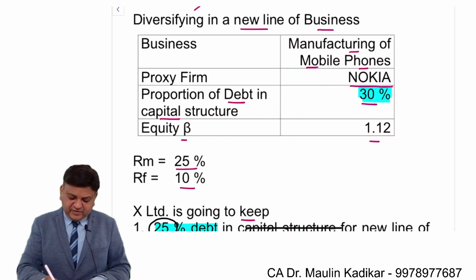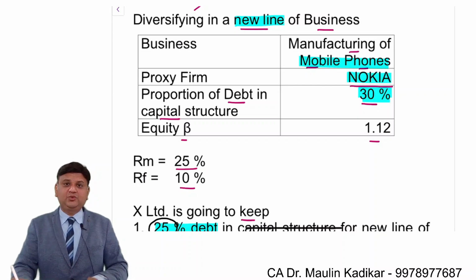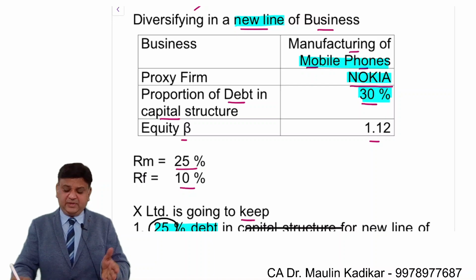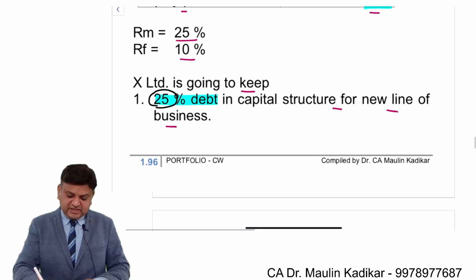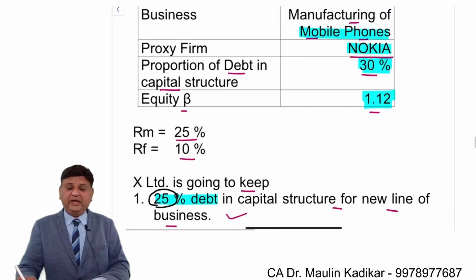It is diversifying into a new line of business, and the new line of business is manufacturing of mobile phones. Nokia is a company which is doing that business. The proportion of the debt financing in the capital structure and equity beta is given. The question says that if you are going to keep 25% debt in the capital structure, what is the discounting rate applicable for the new line of business?